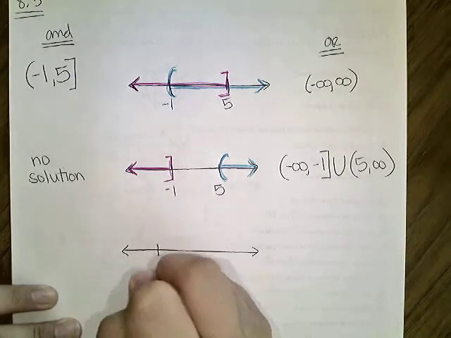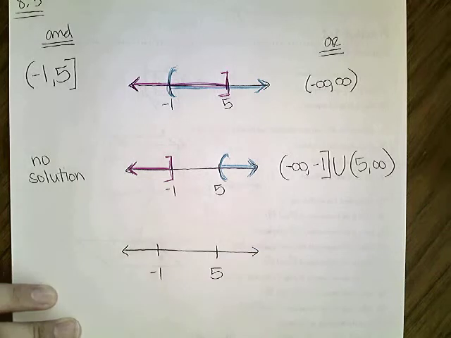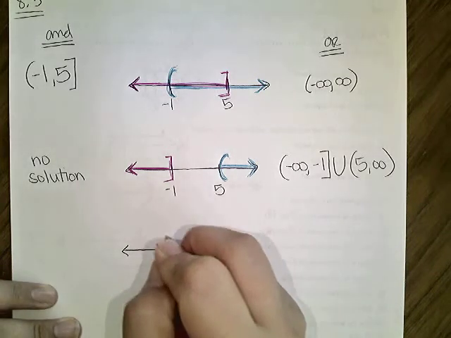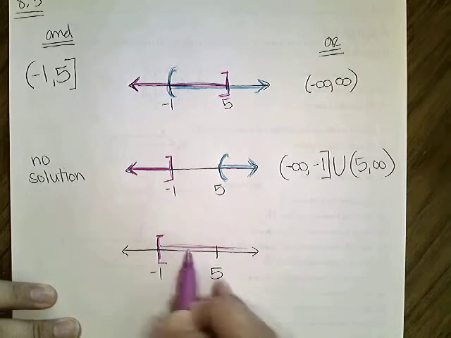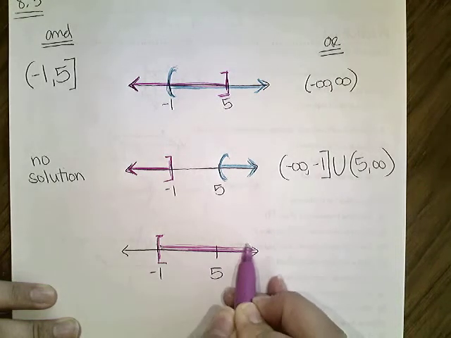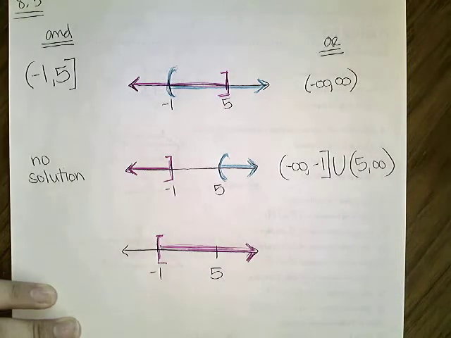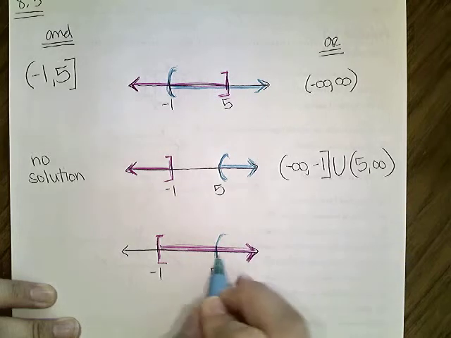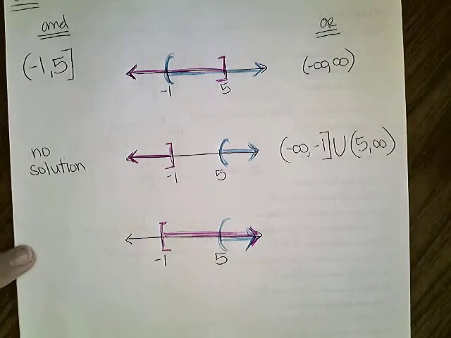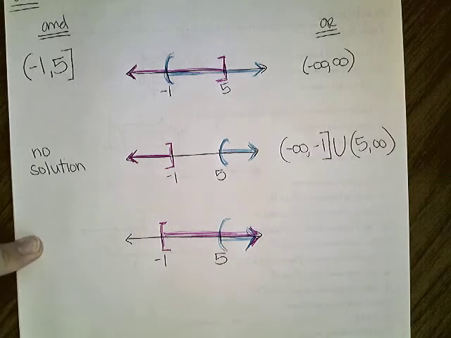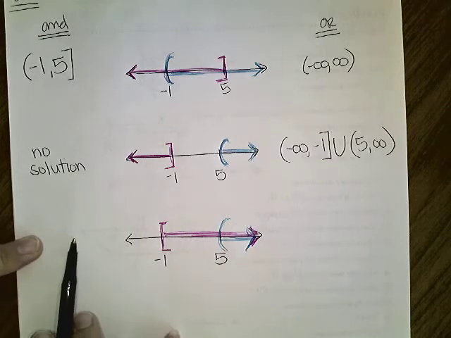Okay, again, we'll use -1 and 5. But let's say we have this versus this. So if we're looking at this as an "and" situation, when are both of these true?